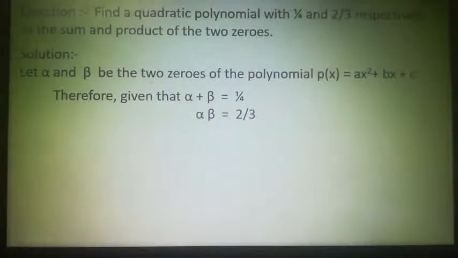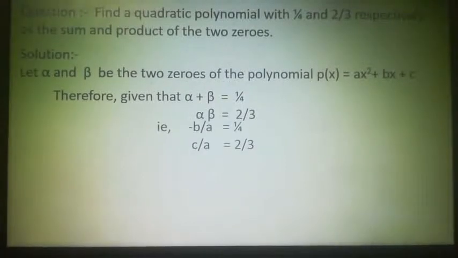But we know that since this is the polynomial, alpha plus beta, the sum of the zeros, is given by negative b by a. And from that we get negative b by a is equal to 1 by 4. And alpha beta was given to be c by a. So c by a is equal to 2 by 3. So the question now reduces to solving these two equations.